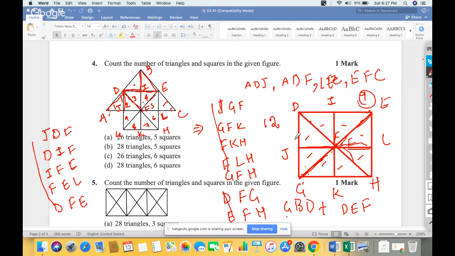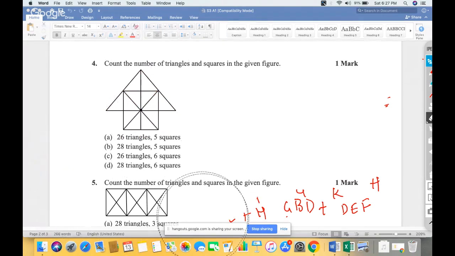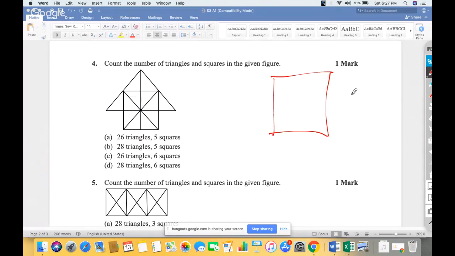Now in this particular square, it's just muddled up. Let me clear the idea for you, because everything is getting muddled up. So first I draw this square. In this square I found 12 particular triangles.